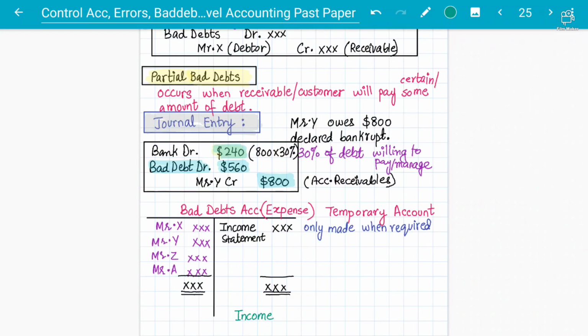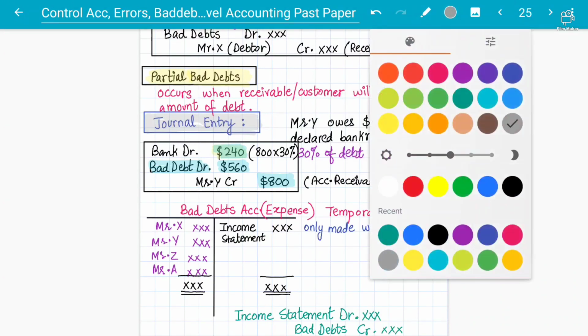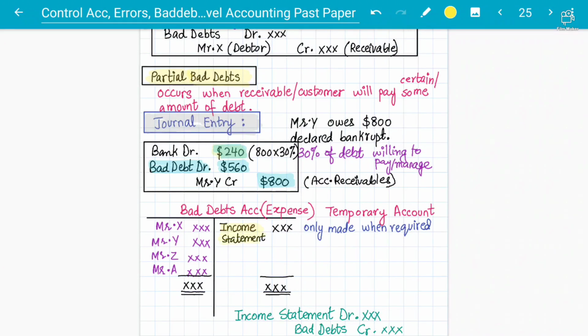So the income statement will be debited by that amount, and the bad debts account will be credited, as you can see happening in front of you, by the income statement against the total amount for the customers who haven't paid their debts.